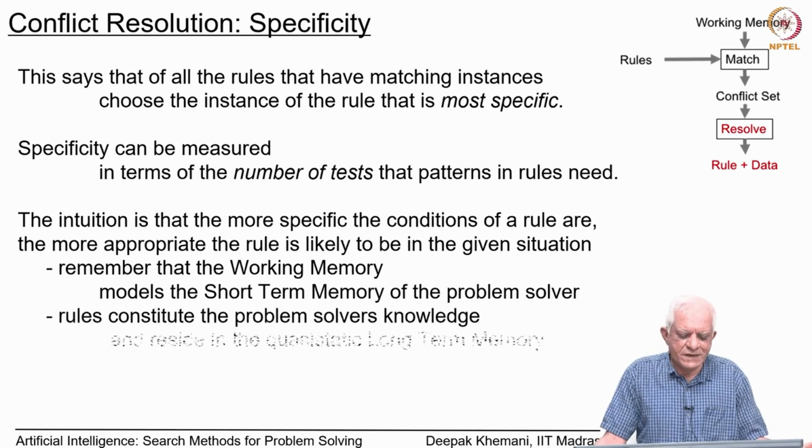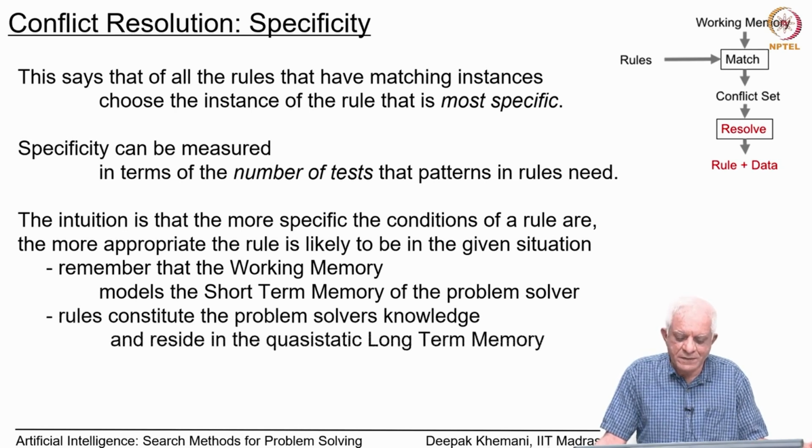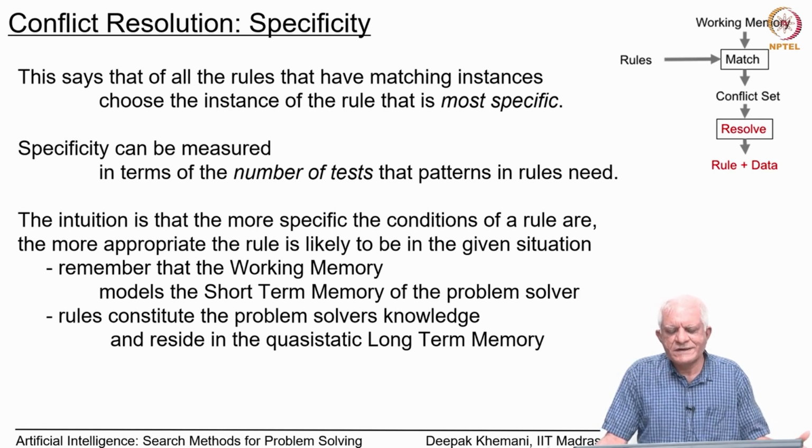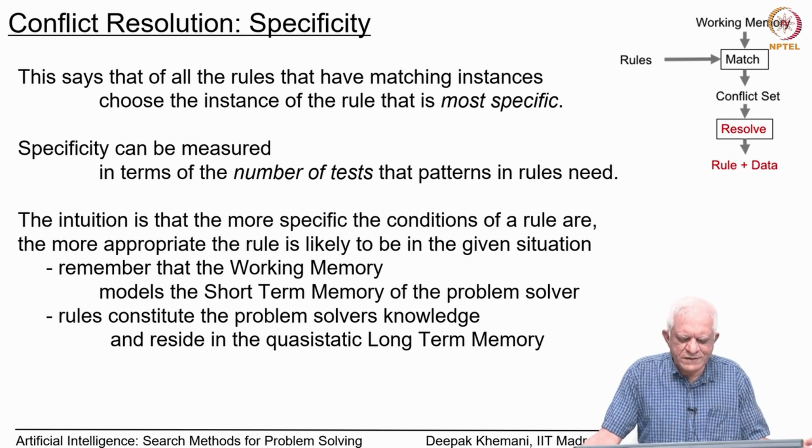Remember that the working memory models the short term memory of the problem solver. So, everything that the problem solver knows about the problem, the data that it has acquired, is there in the working memory. If there are rules which are looking at more of the data, they are likely to be more specific and perhaps, according to this strategy, more relevant essentially. Rules only consider the problem solving knowledge, and they reside in the quasi-static long-term memory.